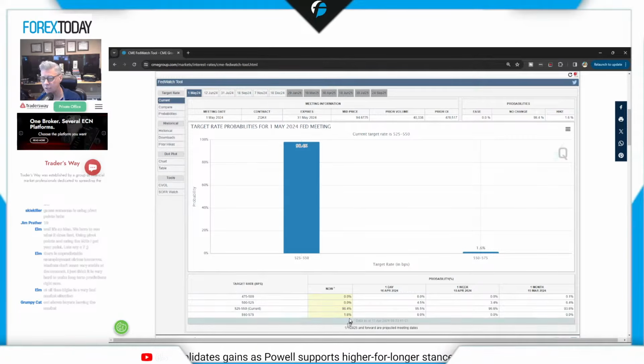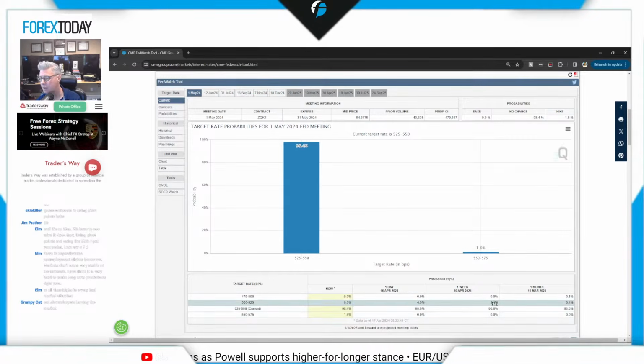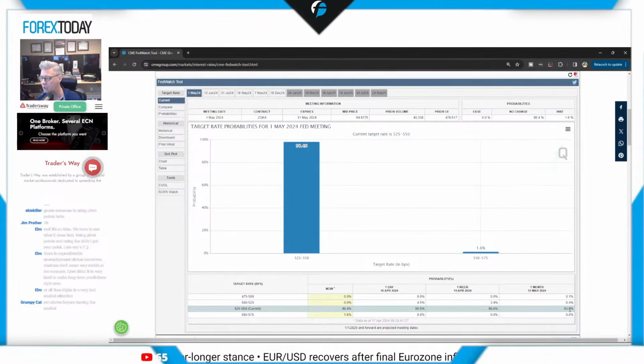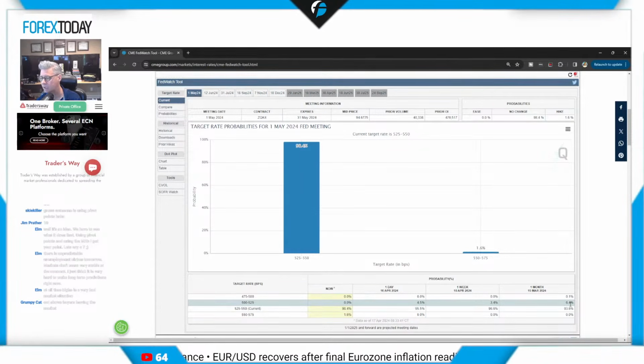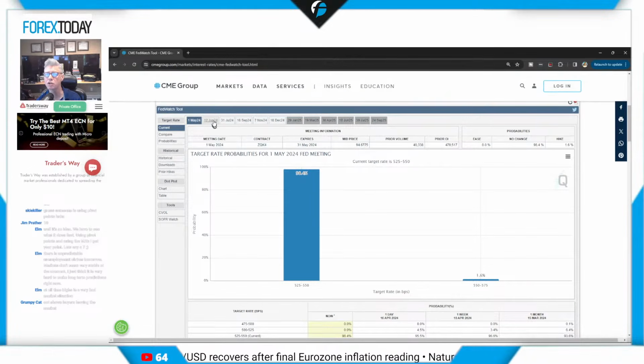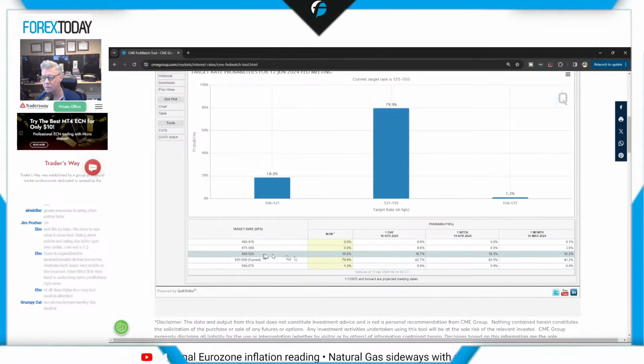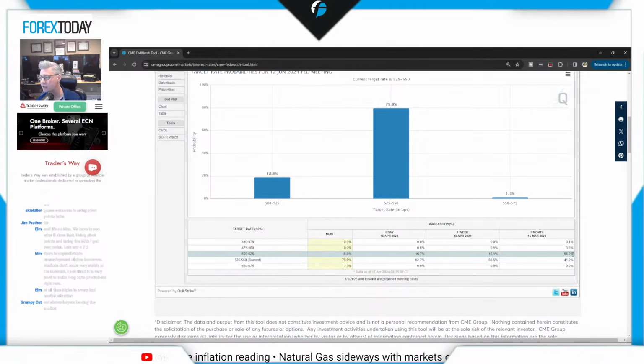All right, well, we'll look at this. And a month ago, there was a little bit of hope of a cut. Okay, let's go to June. One month ago, there was a 55% chance of a cut.